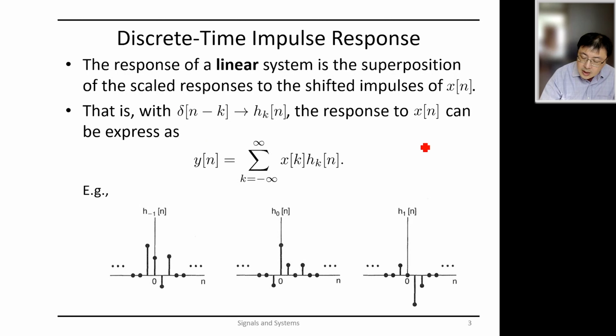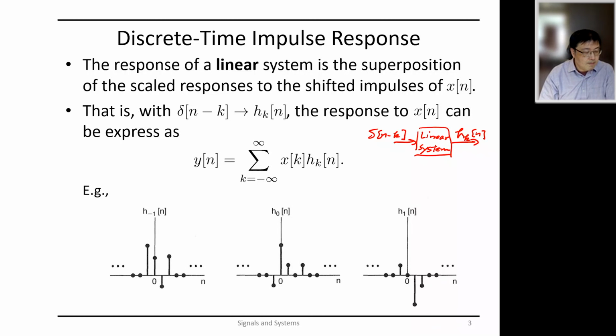Okay, so this is saying that, suppose you have this linear system, and if you insert a unit impulse at time k, then your output would have a response hkn. Okay.